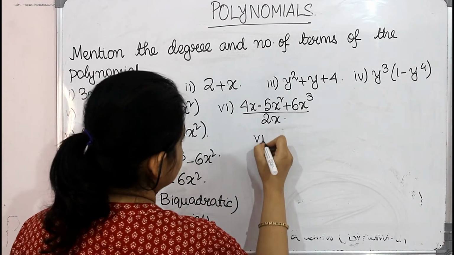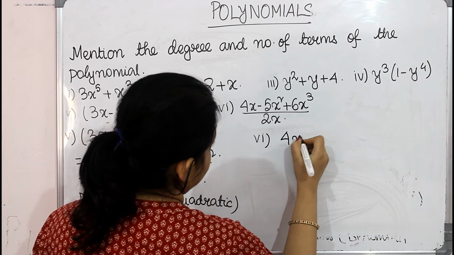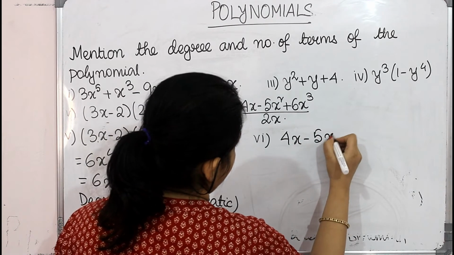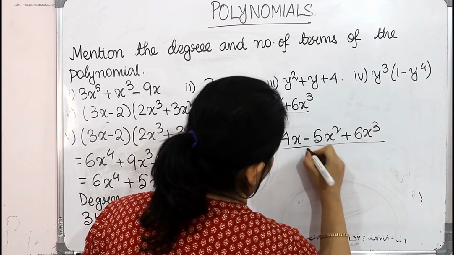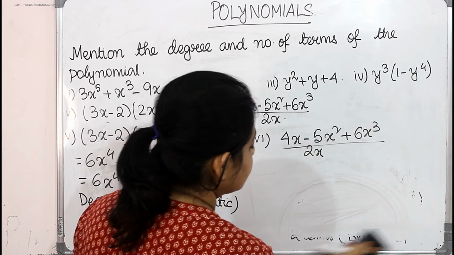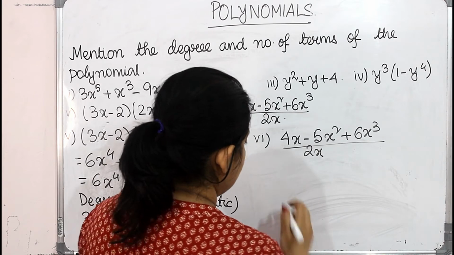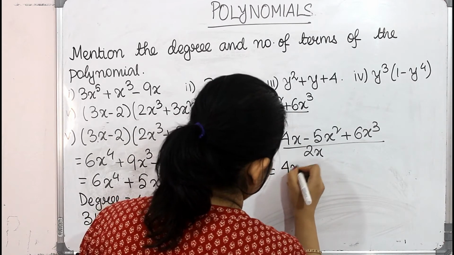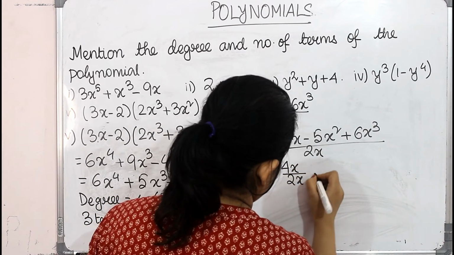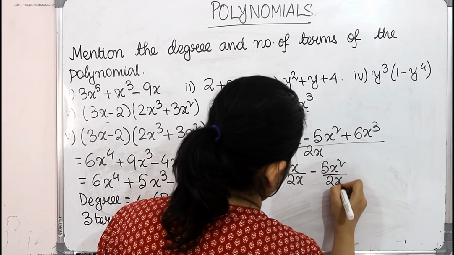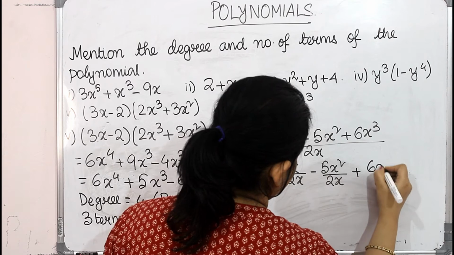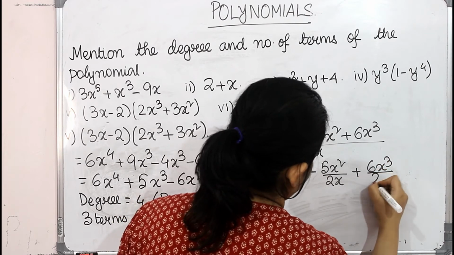Sixth sum is (4x - 5x² + 6x³) / 2x. So this can be simplified as 4x by 2x minus 5x² by 2x plus 6x³ by 2x.